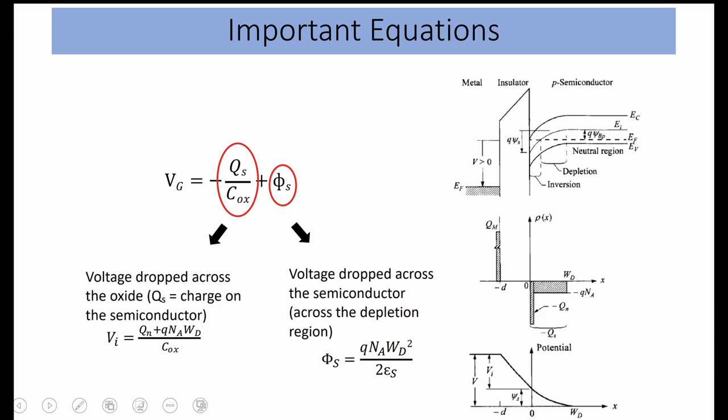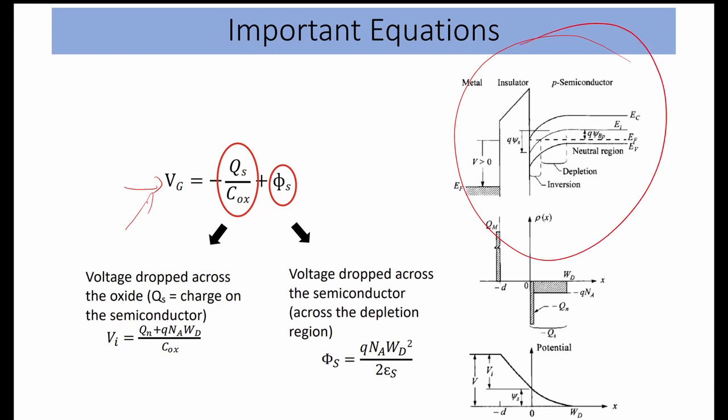So there are some important equations that you need to remember. This is the VG, the gate voltage that we have applied. The gate voltage is the total gate voltage applied here in this case.